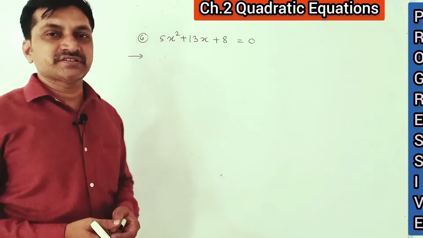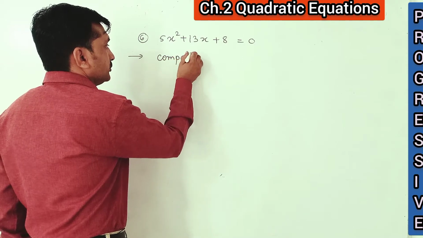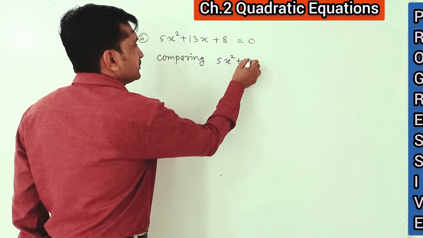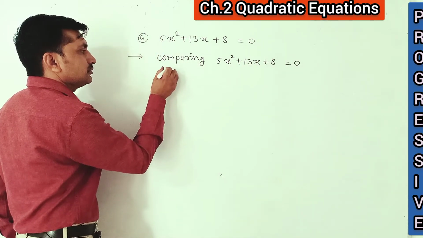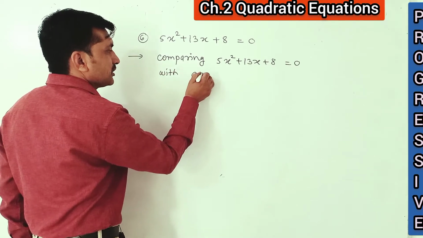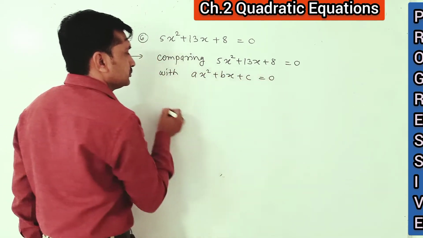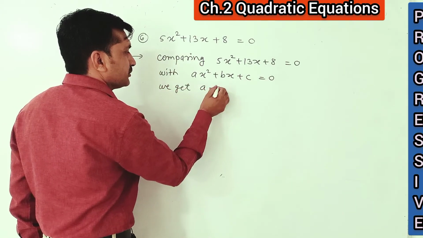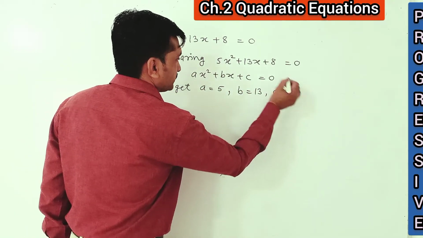Let's see example number 6 now, where we can compare directly with the standard form, general form. Comparing 5x square plus 13x plus 8 is equal to 0 with standard form. What is standard form? Ax square plus bx plus c is equal to 0. We get three values. A is equal to 5, b is equal to 13, c is equal to 8.